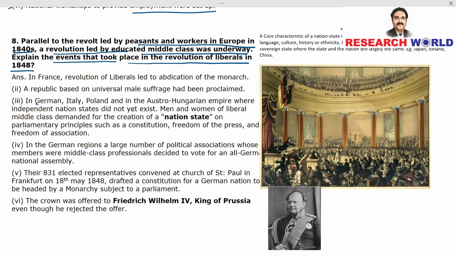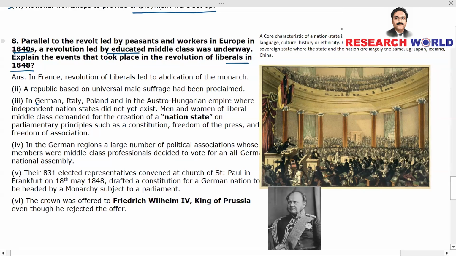In the seventh question, we talked about the peasants' revolt, and now we are getting into another revolt which is led by the educated middle class.